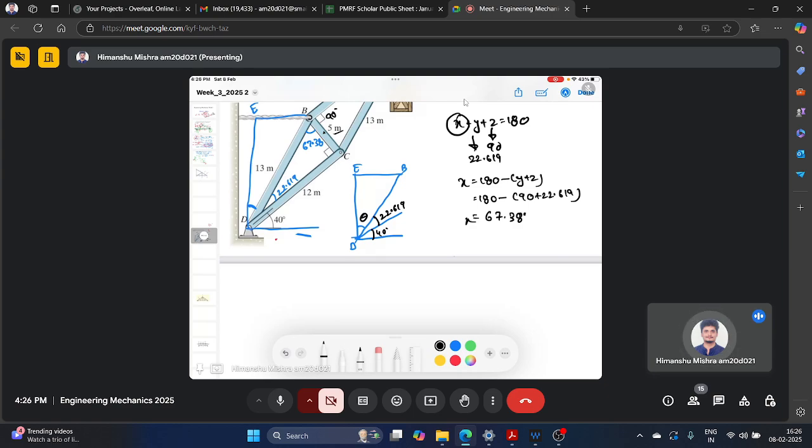You know that this angle is 90. So what will be this angle?